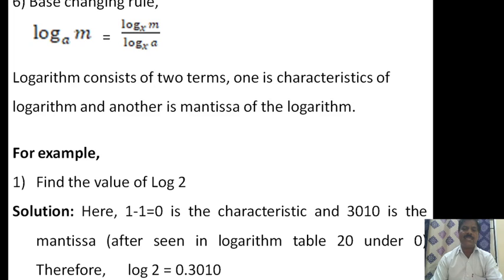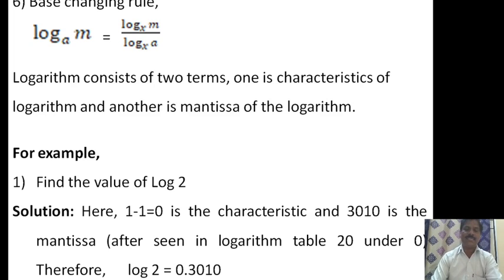Suppose we write 10, then 10 point is displayed in the calculator. When we fix the decimal point, that position is fixed and remains as it is. So after 2, the decimal point will be there. You have to count the digits on the left side of the decimal point.